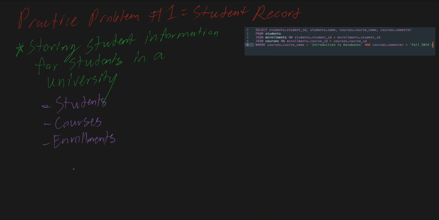The database needs to generate a report of all the students who have enrolled in a specific course, such as introduction to databases for the upcoming semester, and this report should include the student's ID, name, and the course details.